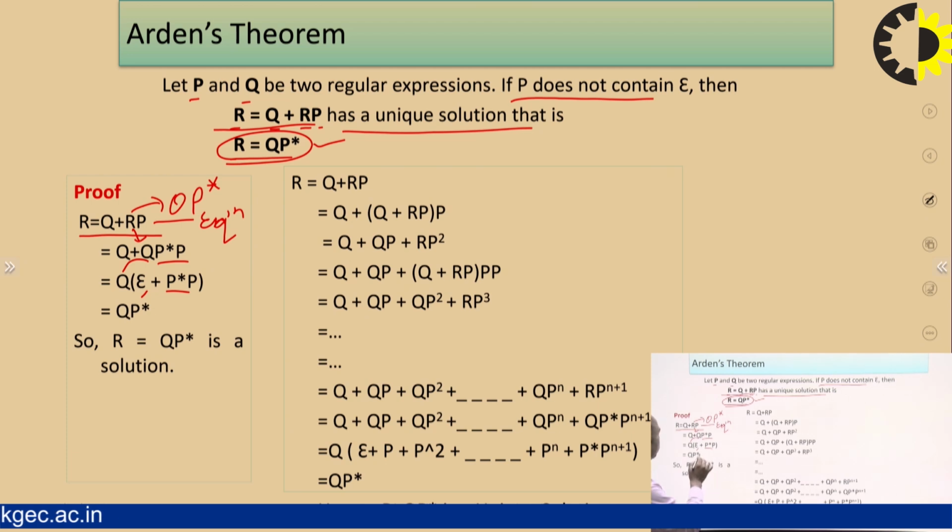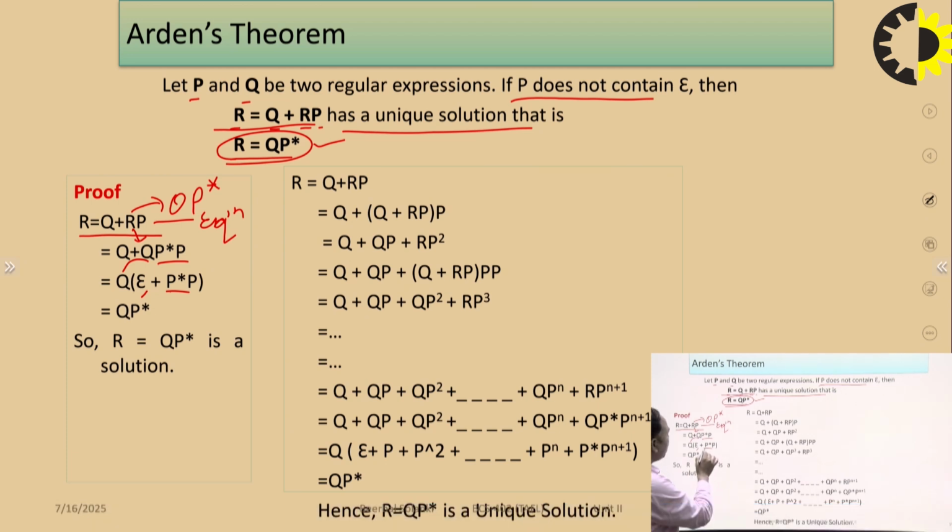Now from the identities we can write this as R = R*P. It can be written as R*.